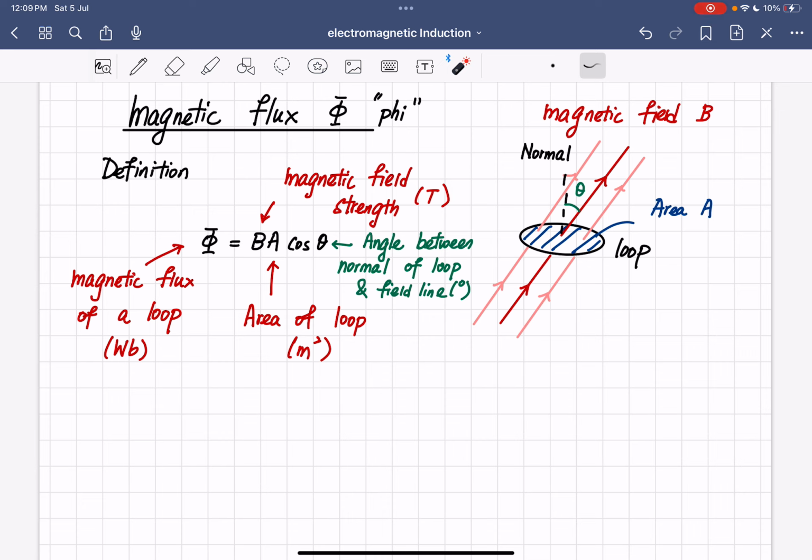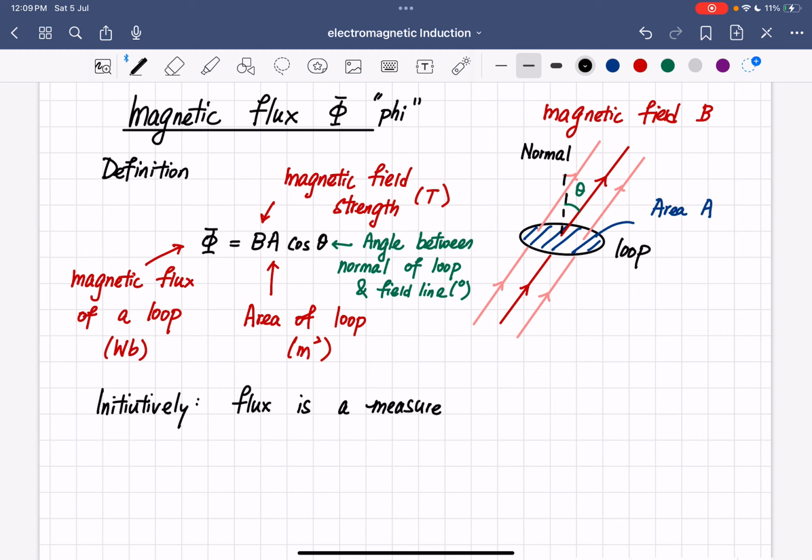Essentially, the magnetic flux is proportional to the magnetic field and the area. And why is this the case? Well, we can introduce this kind of intuitive understanding. Intuitively, flux is a measure of the number of magnetic field lines enclosed in the loop.